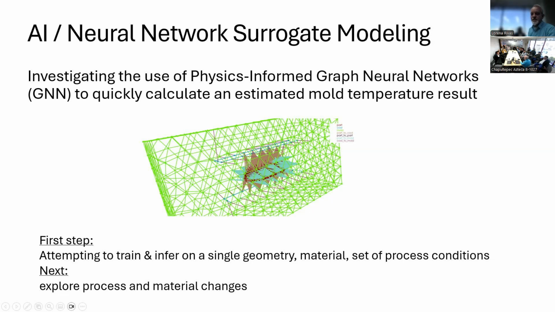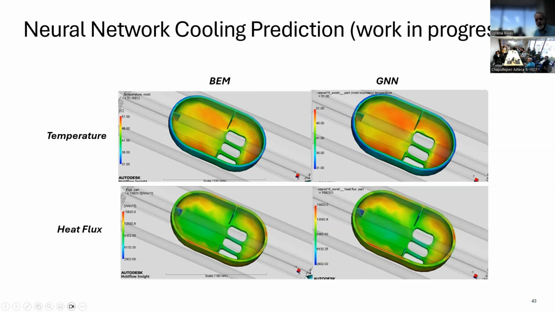Again, still very much a work in progress. To give you a bit of insight into where we currently are, in this particular case the left 2 images are basically our normal analysis predictions on a particular test model, and with the trained model that we have, we are able to capture the temperature in a reasonably accurate way, as well as the heat flux.